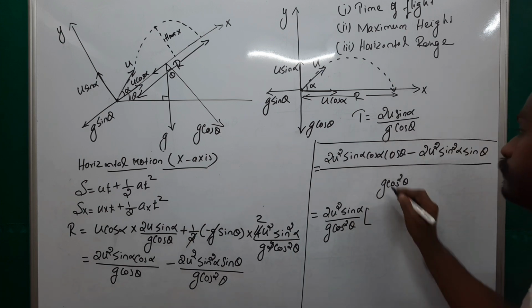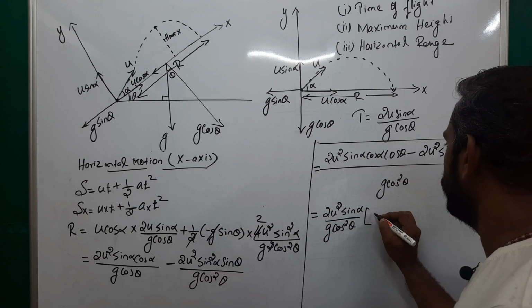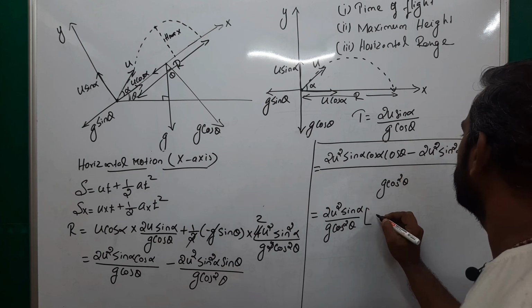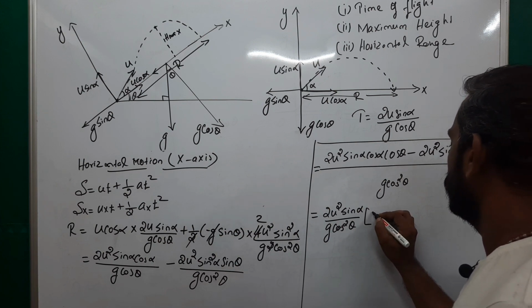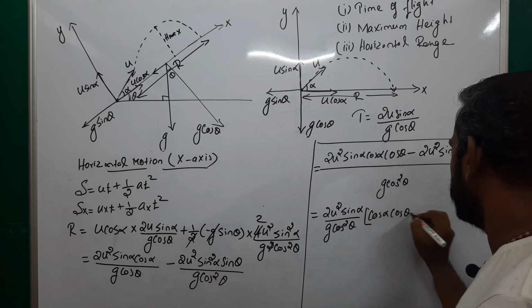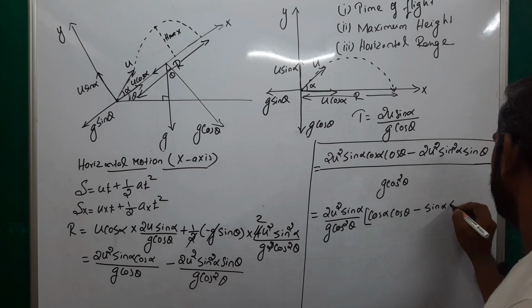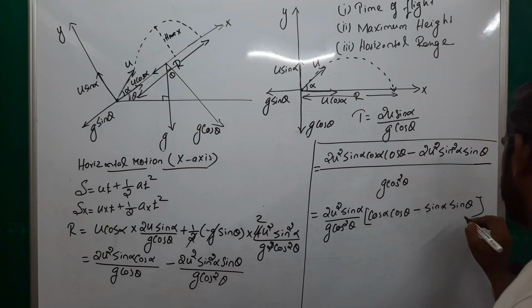What is remaining? Cos alpha into cos theta minus sin alpha into sin theta.